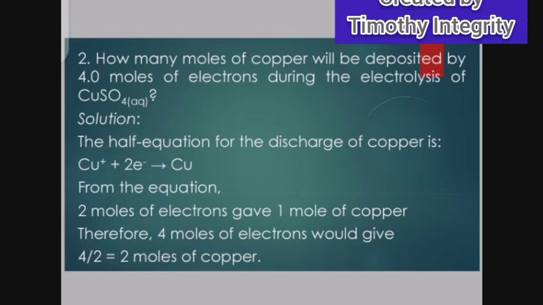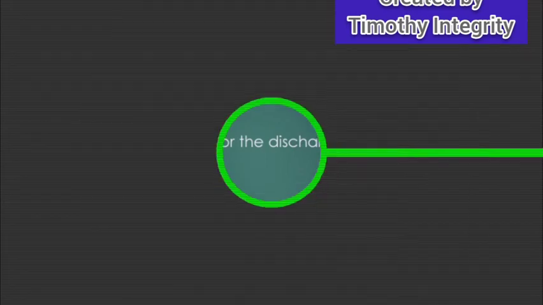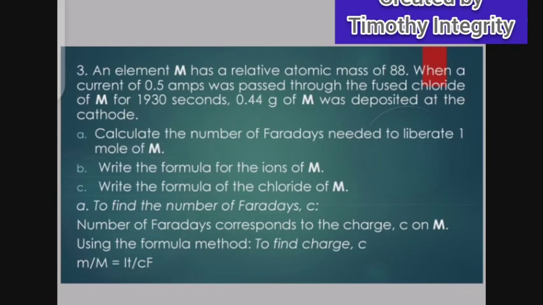Now let's look at the number 3 problem here. An element M has a relative atomic mass of 88. A current of 0.5 amperes was passed through the fused chloride of the element for 1930 seconds.